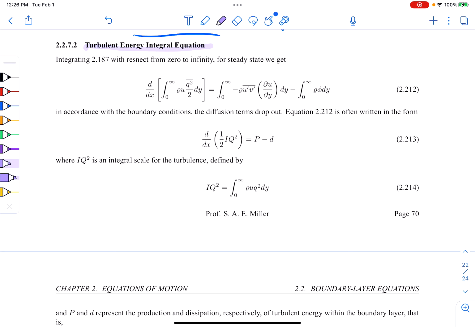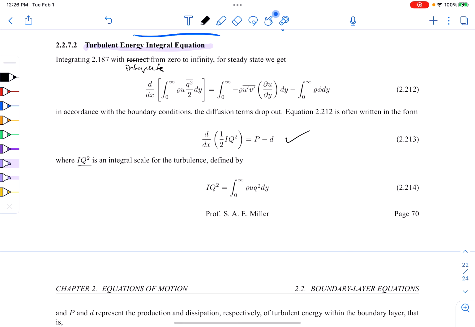So if we take 2.187 and integrate from 0 to infinity, for a steady flow we'll get 2.212. And with all the same boundary conditions, the diffusion term should drop out at the boundary because there's no diffusion through the boundary. And this can be written in this way.